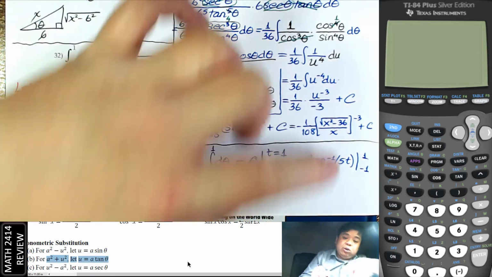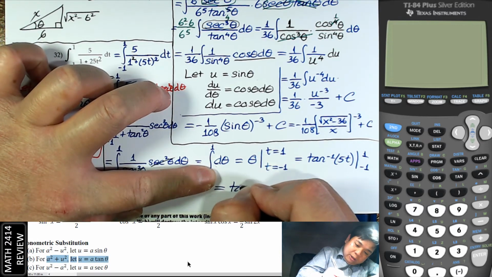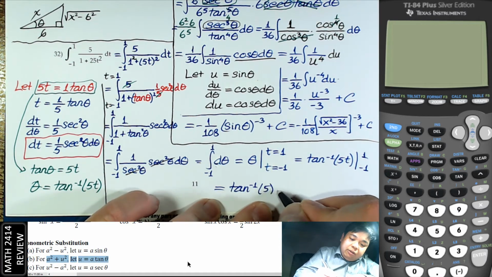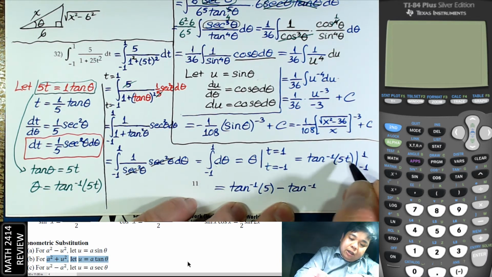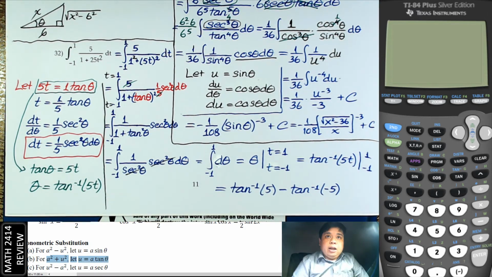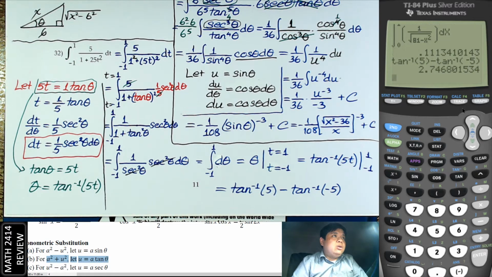Now these are the values for t. So that gives us tangent inverse of 5 times t, which is 5 times 1, which is 5, minus tangent inverse of -1 times 5, so that's -5. Right, so in radian mode, tangent inverse of 5 minus tangent inverse of -5. So that's what we have.